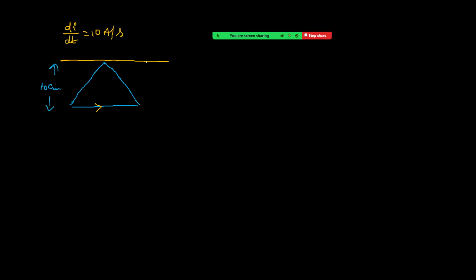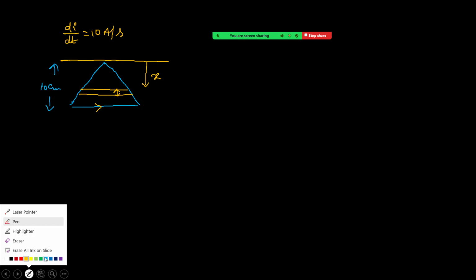Assume that at a distance x, take one rectangle, its width equal to dx. Then see, at a distance x, the field because of this current-carrying wire. I am taking the current as I.